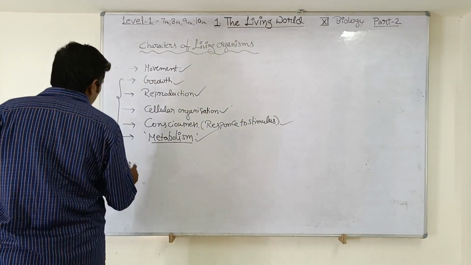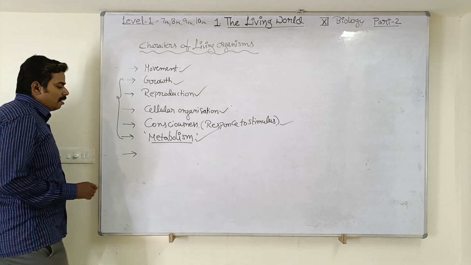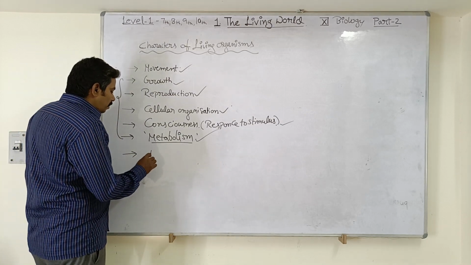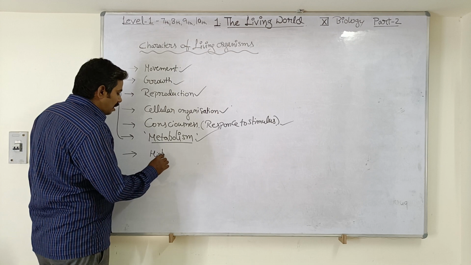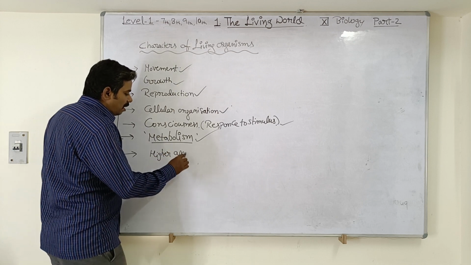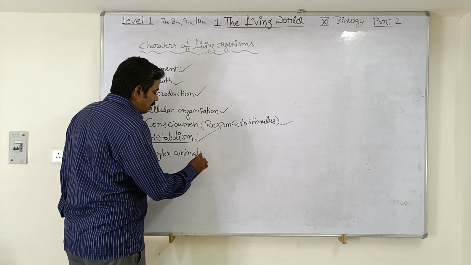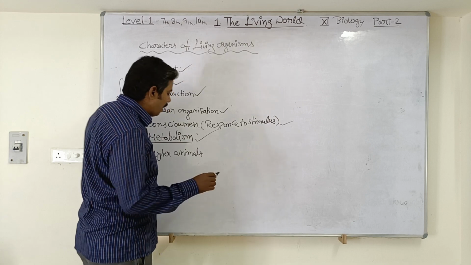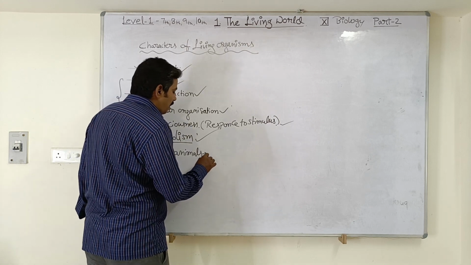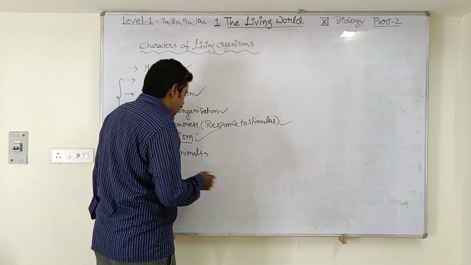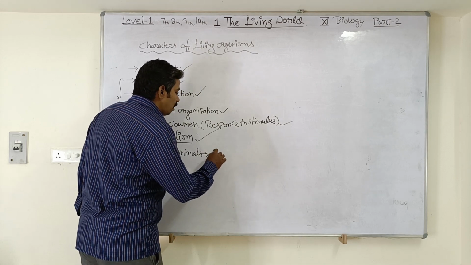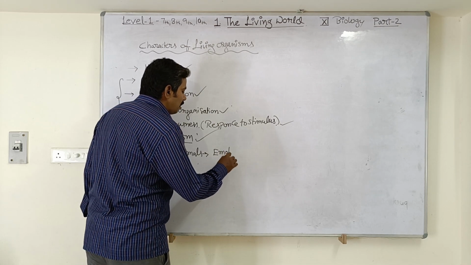For example, some higher animals like apes and animals like dogs are able to show another character called expressing emotions.